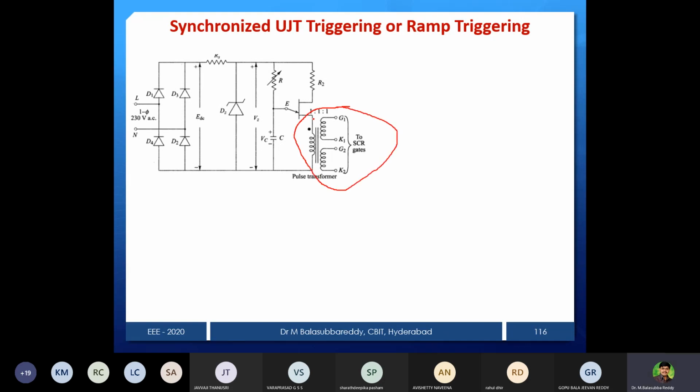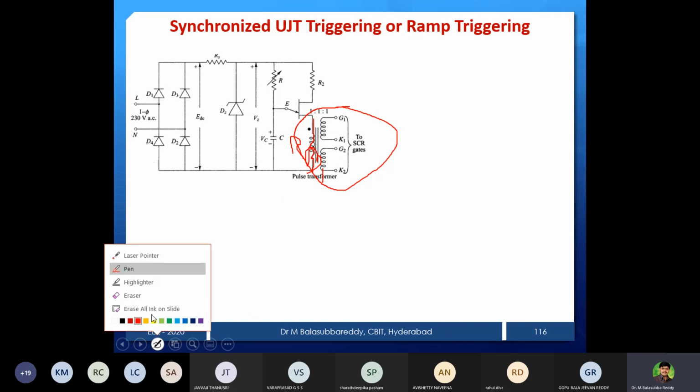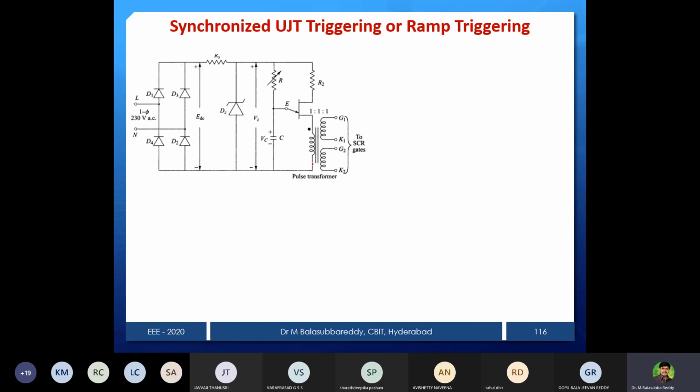The only modification from the previous circuit is this portion. Earlier it was RB1, where a sharp pulse would appear. Instead of that, I used a transformer, a magnetic coupling transformer, tightly coupled between primary and secondary. You can see the secondary is split into many secondaries.